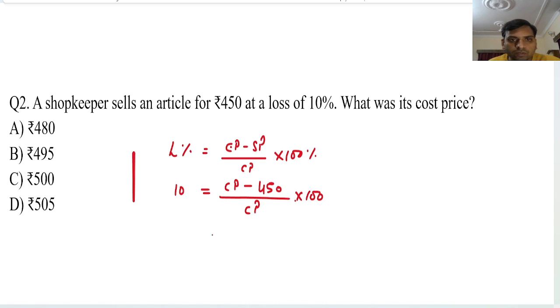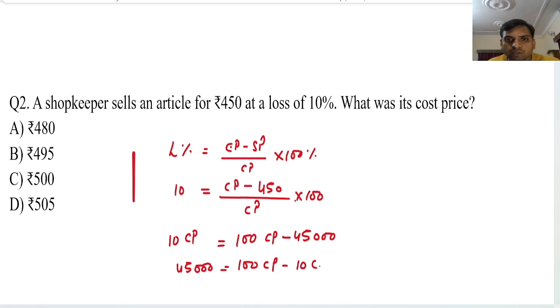So now you have to find CP. We can write this as 10 CP equals, multiplying this side by 100, 100 CP minus 45000, and you can shift this quantity to this side. So 45,000 equals 100 CP minus 10 CP.